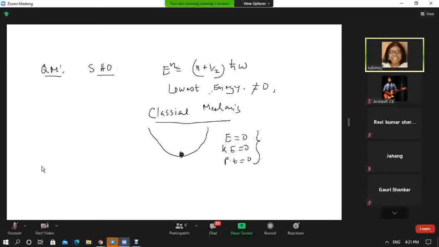But in quantum mechanics, it can never be. The lowest energy is always half ħω₀.